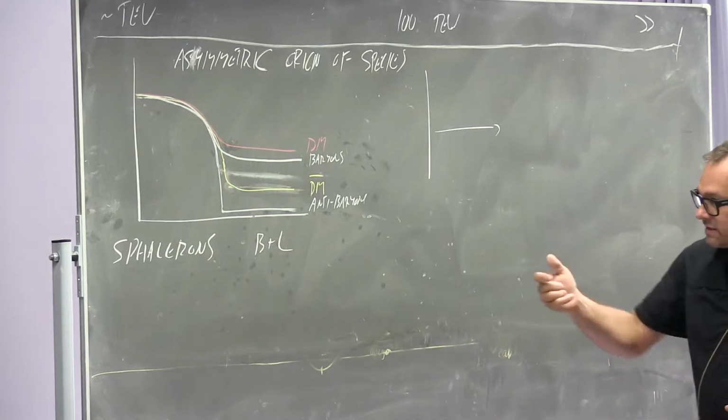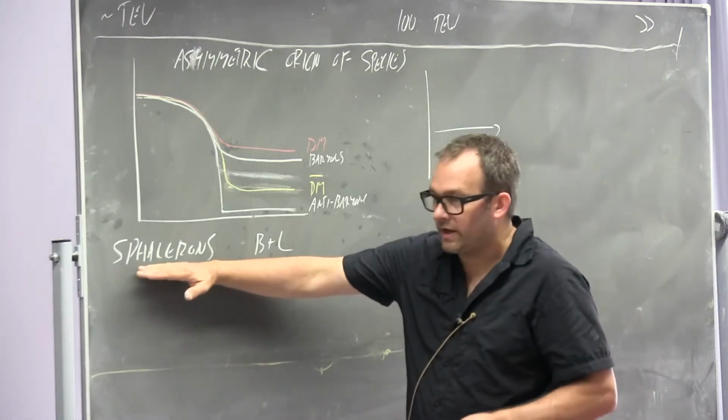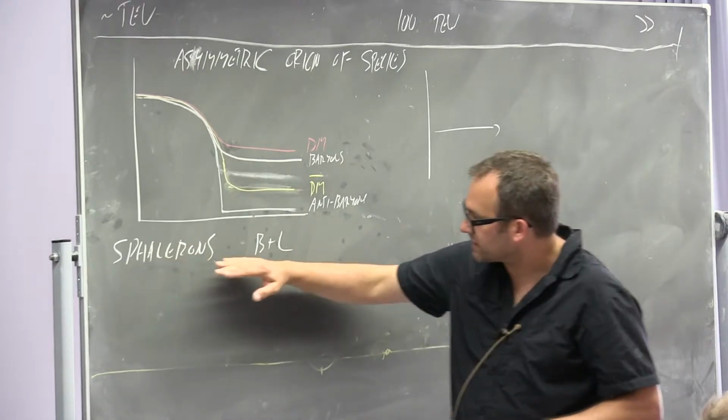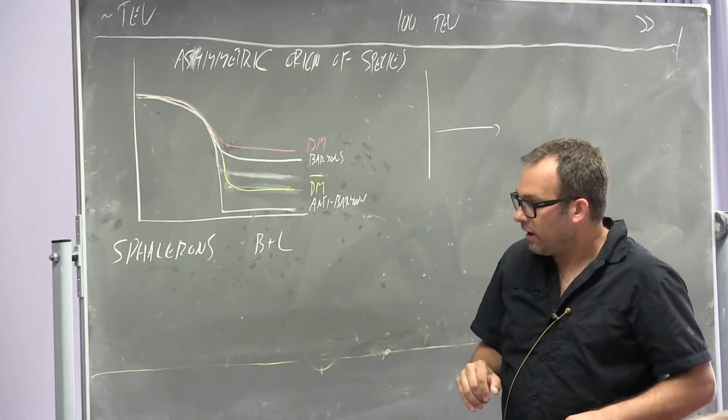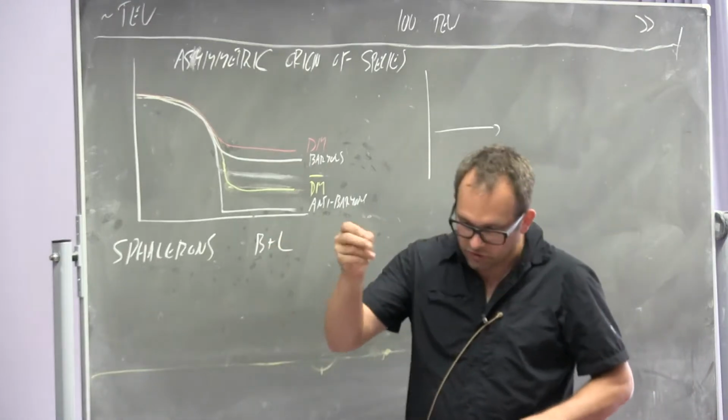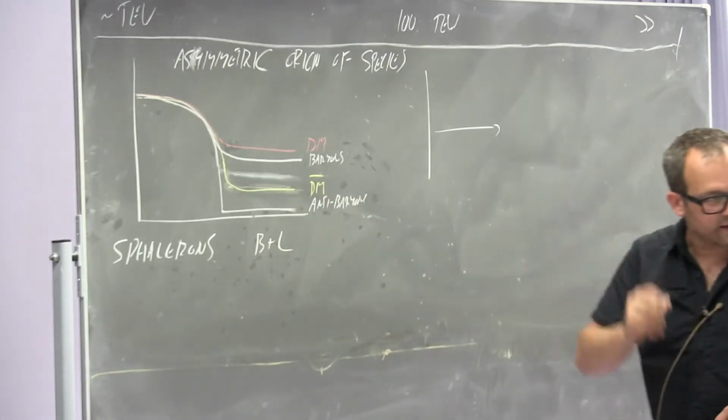So this is one of the ways, at least for high-scale leptogenesis, to acquire a baryon asymmetry in a very elegant way. Right? You start with one number, and then the sphalerons reprocess that into baryon number.